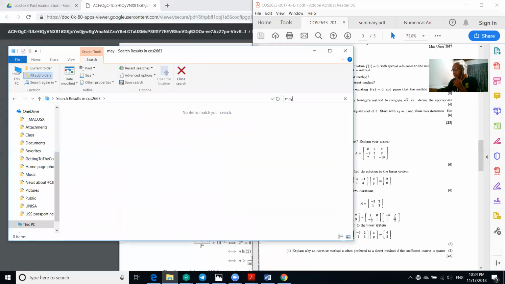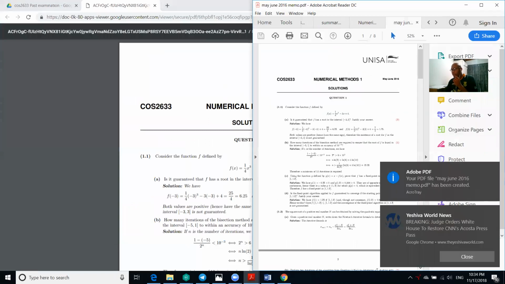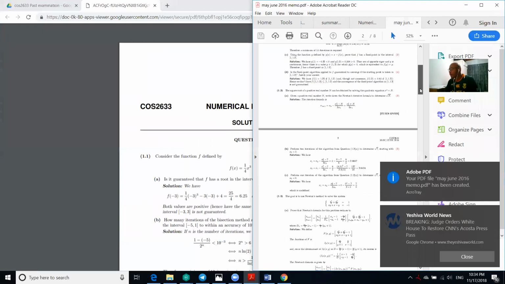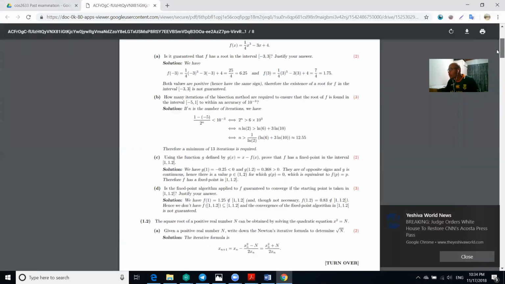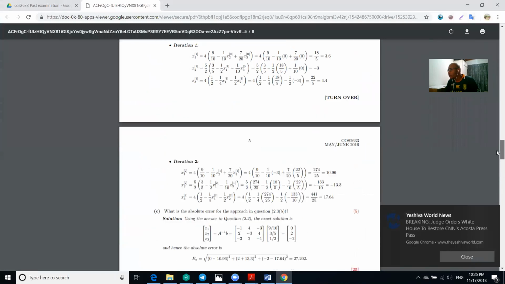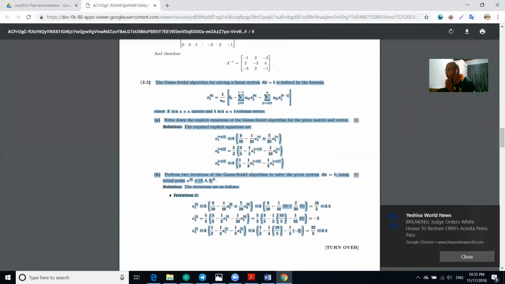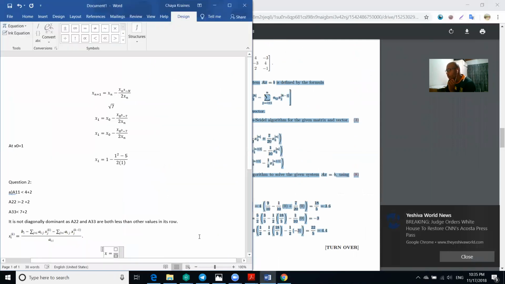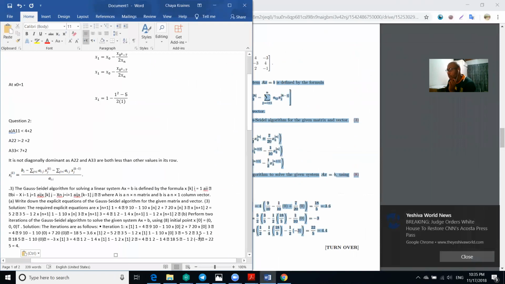Same here. May, June 2016 memo. Okay, it's not working. Okay, fine. So what do they do? Oh, here it is. May, June 2016 memo. Doesn't work.